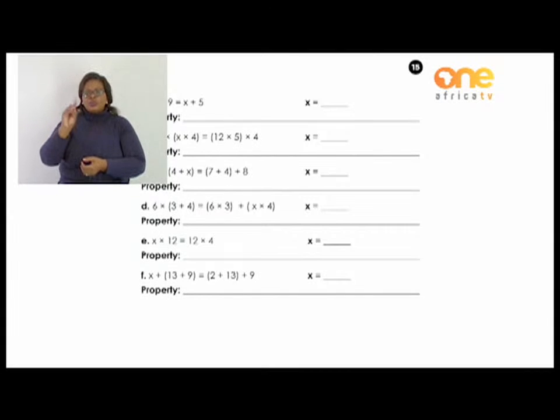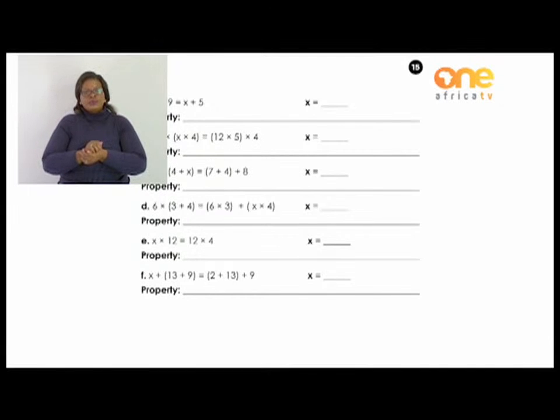So think first, don't just write any number there. And then you also need to explain what property is applied there. You need to explain which property. If it's associative, then you have to write associative property. Or if it's commutative property of addition, then you have to write it in that manner.